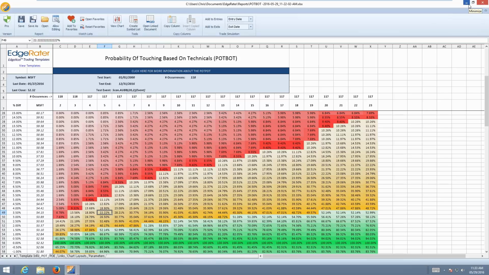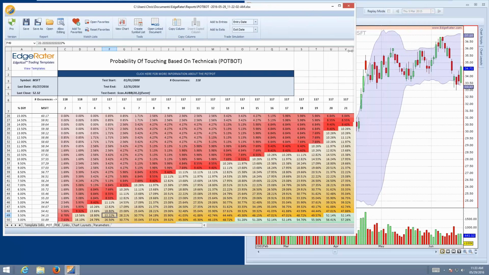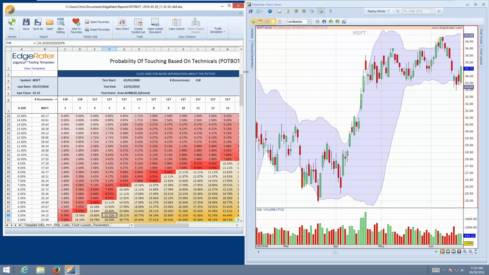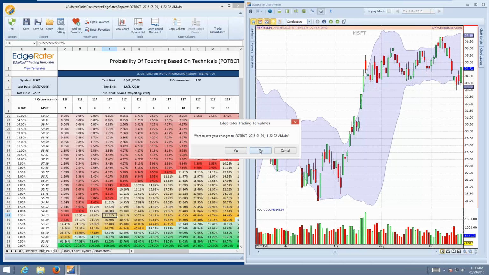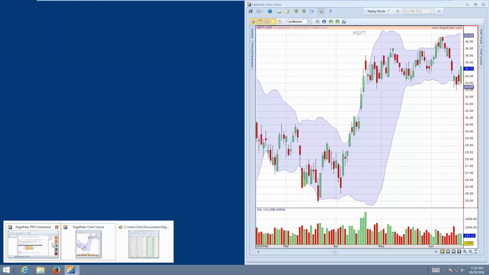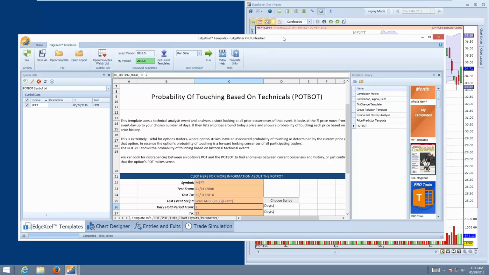Now you probably inferred from what I've done here that I've been running a test that I've chosen. I chose to run cross above upper Bollinger Band.